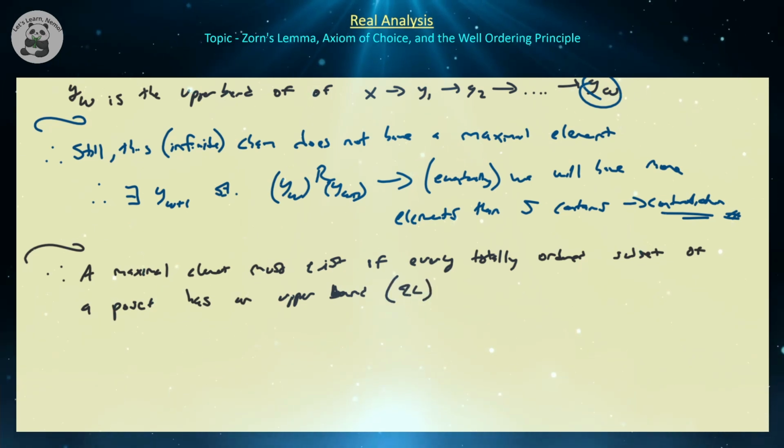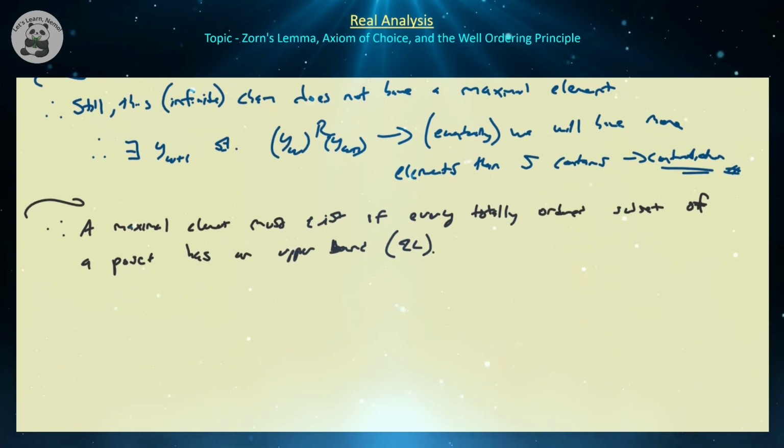Which is Zorn's lemma. Right? And the only thing we assumed was the ability to choose an element, implying that there exists another element that is above it. Right? So that completes the proof of that implication.